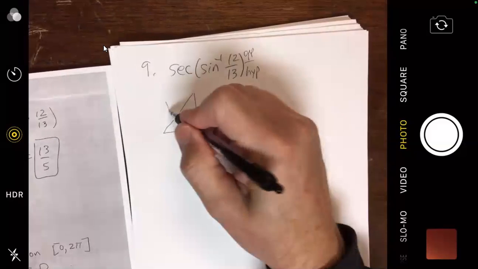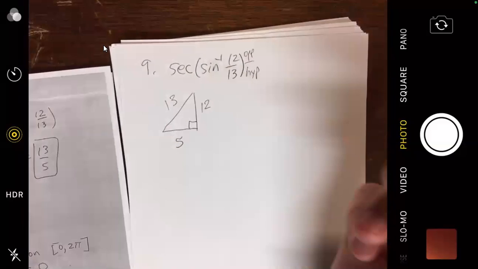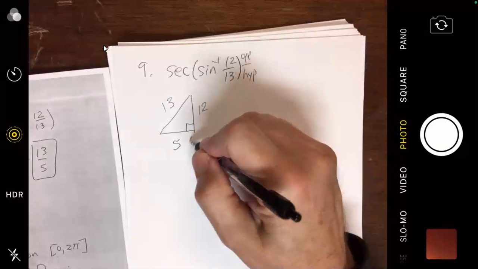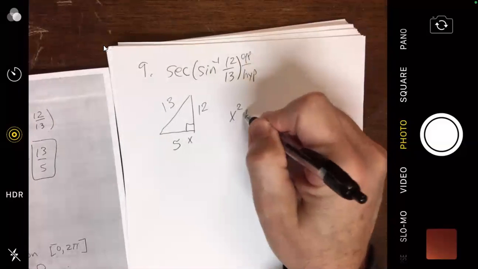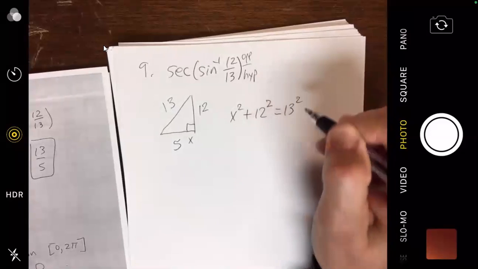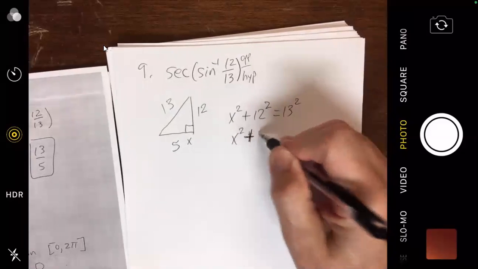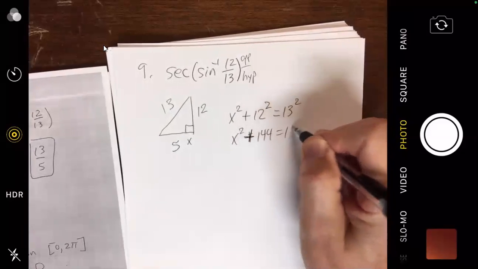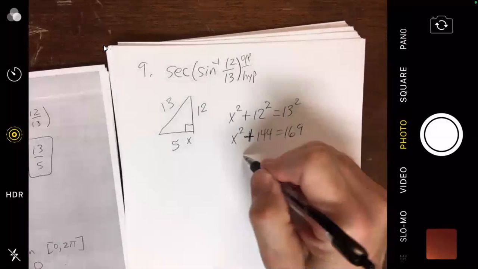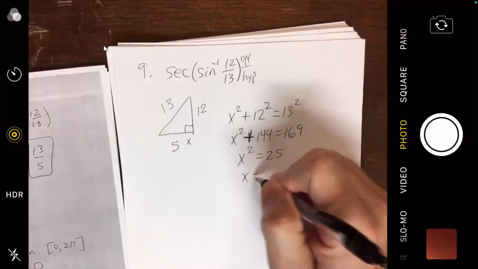Opposite over hypotenuse. Can you tell this leg is 5? You're familiar with a 5, 12, 13 right triangle. Work it out. I'm going to call it x. x squared plus 12 squared equals 13 squared. x squared plus 144 equals 169. Subtract and get 25, and x is 5.